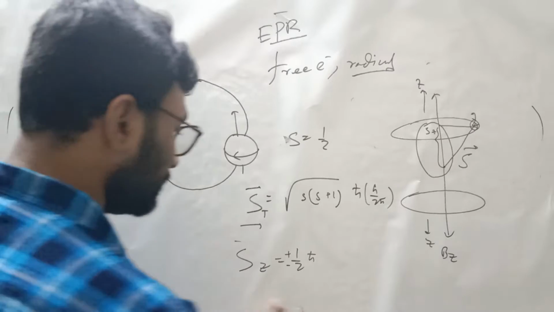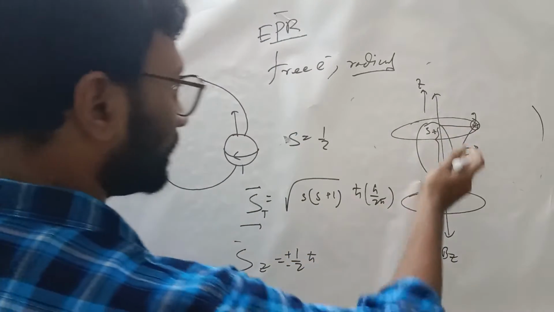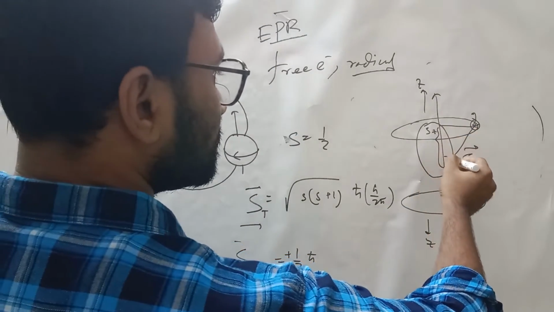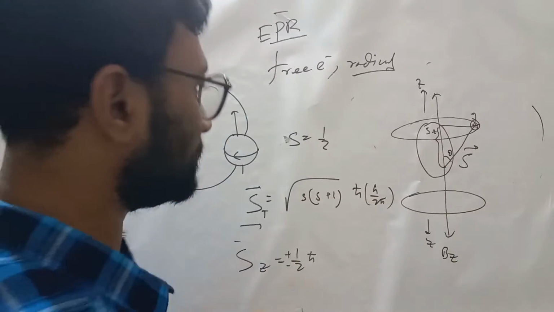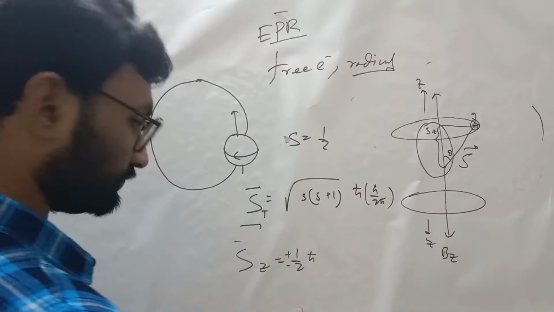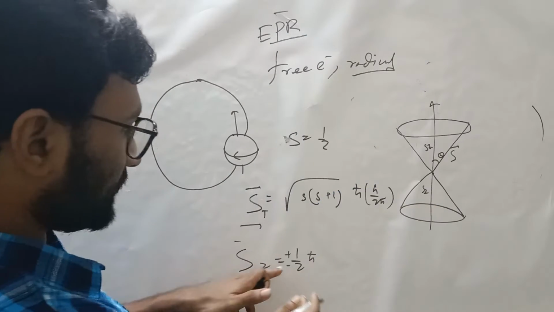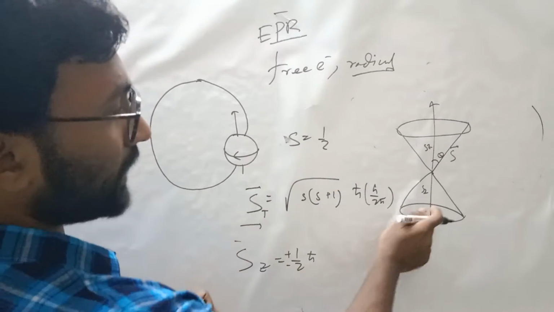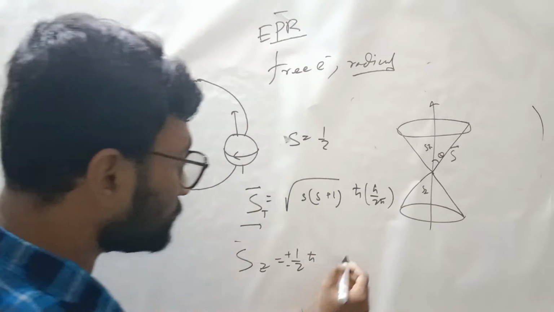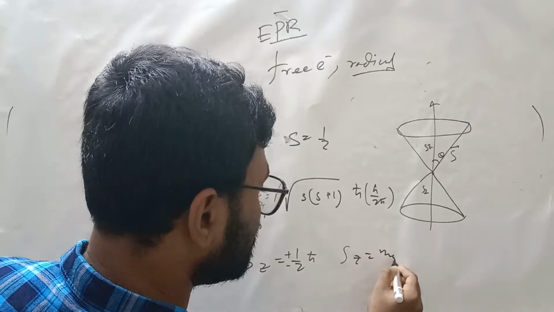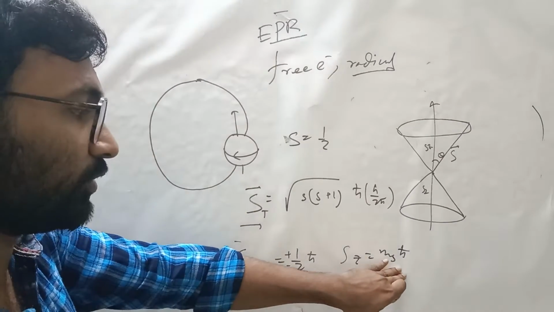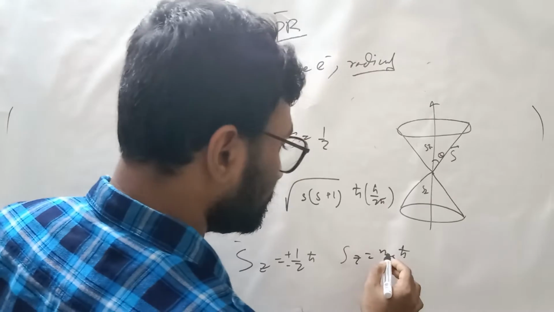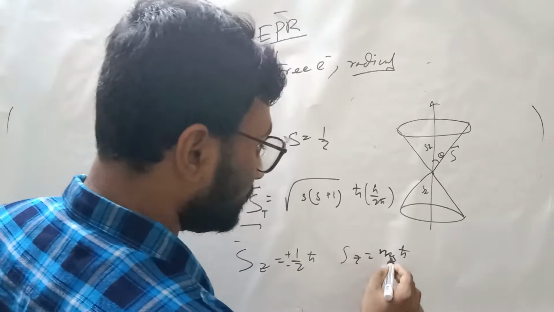Now if this is the angle theta, then because Sz has only two values, Sz equal to ms h cut, where ms is the spin quantum number.